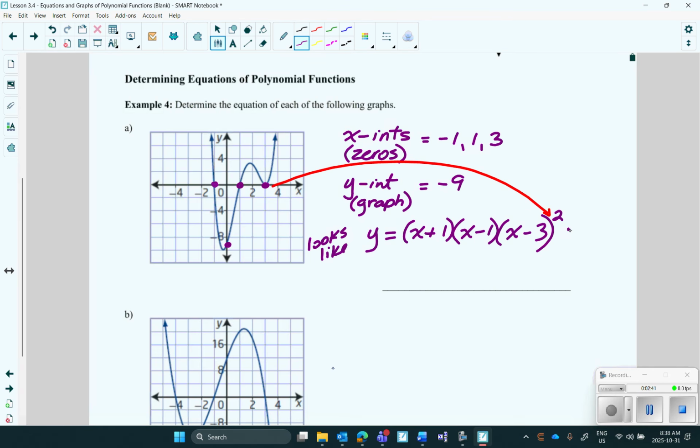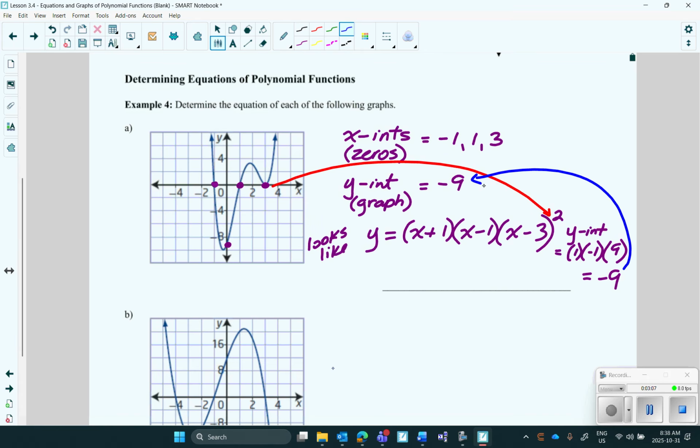So the y-intercept of this one is 0 plus 1, which is 1, 0 minus 1, which is negative 1, 0 minus 3 all squared, which is 9, which gives me, when I multiply them, what? Negative 9. They match.